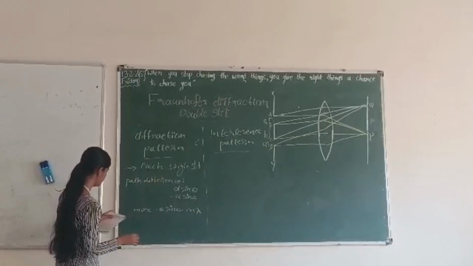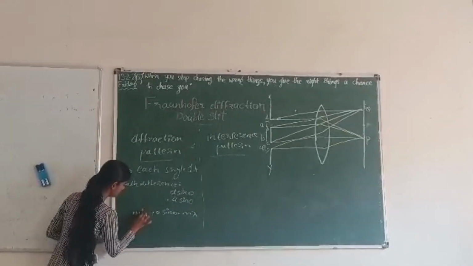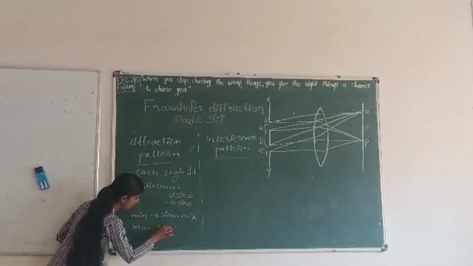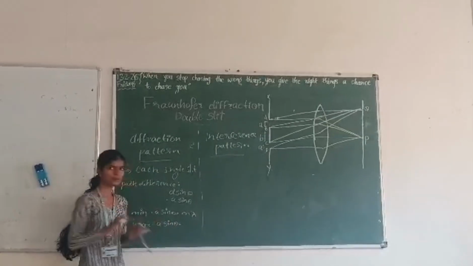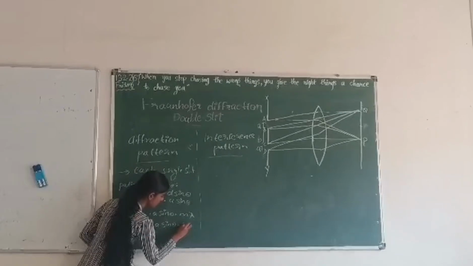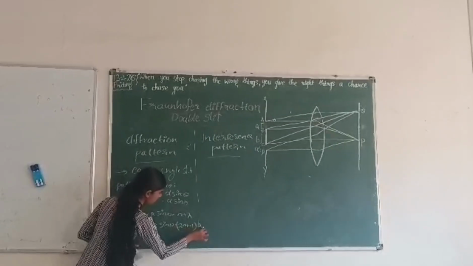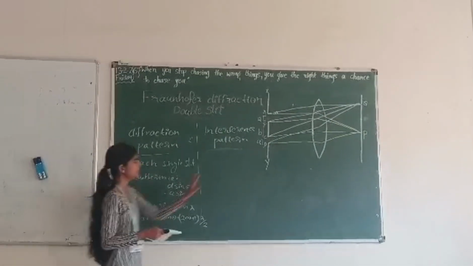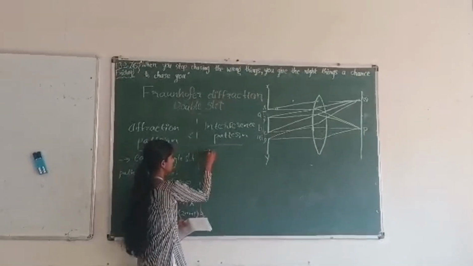And for the minimum we can take a sin theta equal to an odd multiple of lambda by 2, that is, 2n plus 1 lambda by 2. Okay. And next we are moving to the interference pattern. The interference pattern is due to double slits.